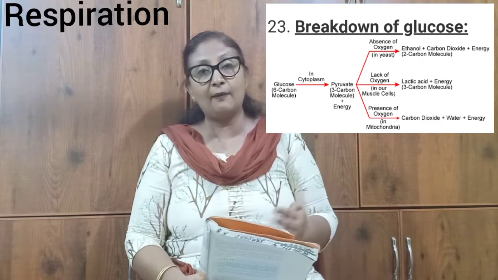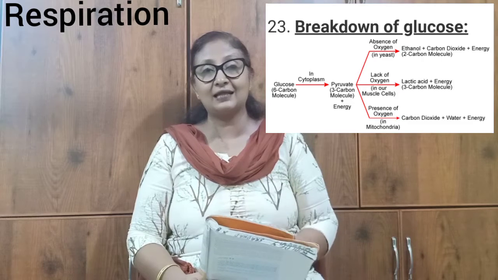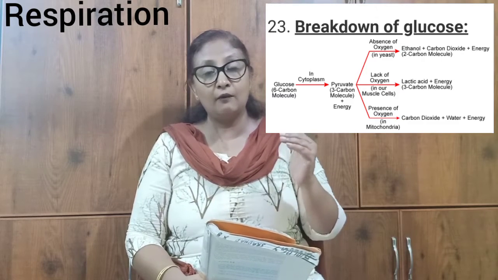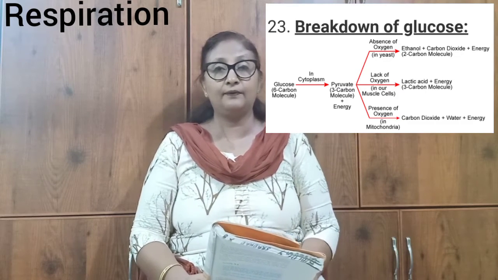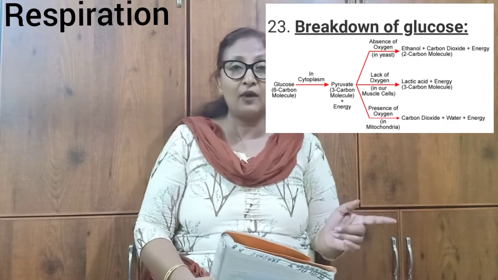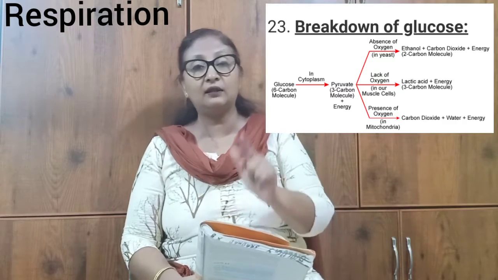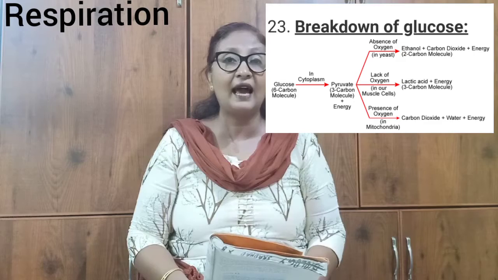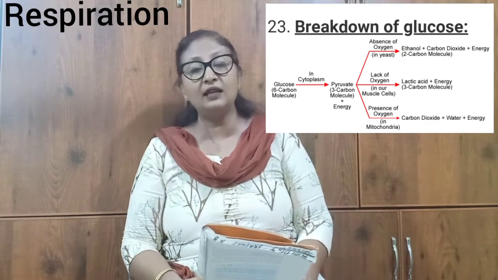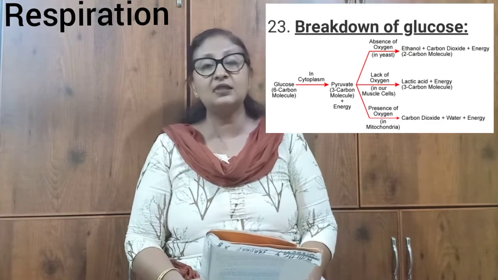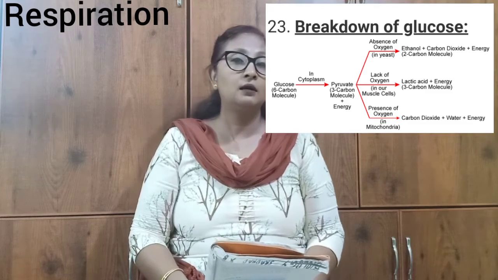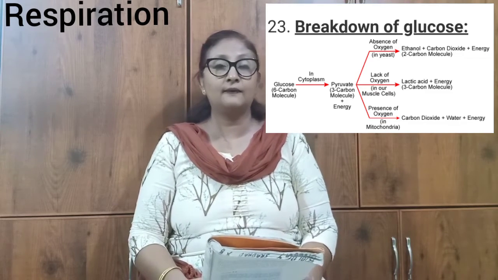Now let us see what happens in muscle cells when there is lack of oxygen. This pyruvate is converted to another 3-carbon molecule called lactic acid. Along with that, carbon dioxide is released and energy is also released.